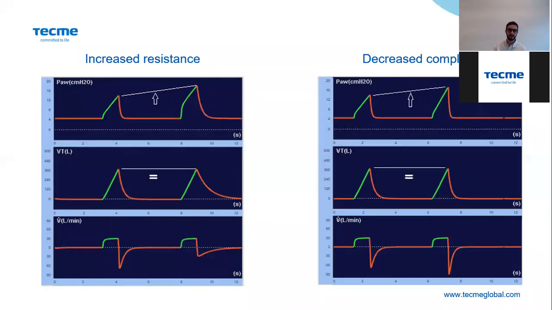It will increase, because if the patient resistance is bigger, in order to deliver this amount of tidal volume, the ventilator needs to deliver more pressure for the same volume.